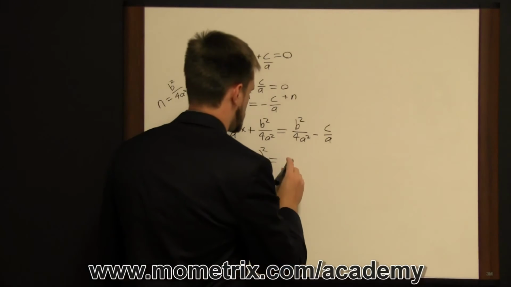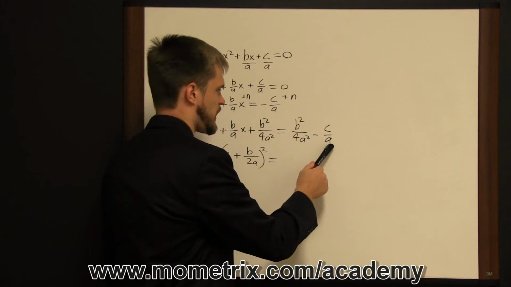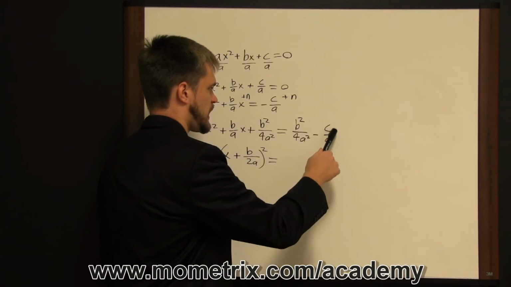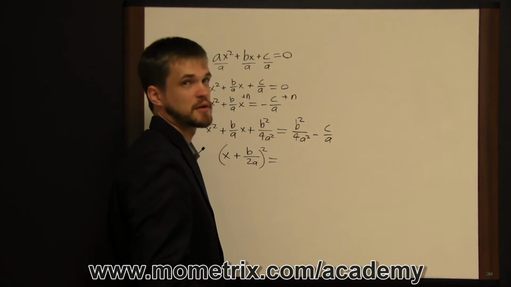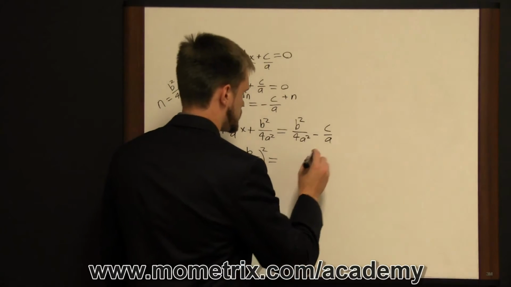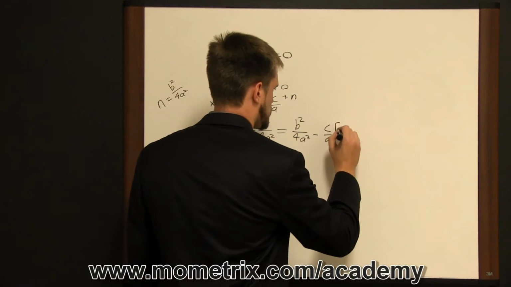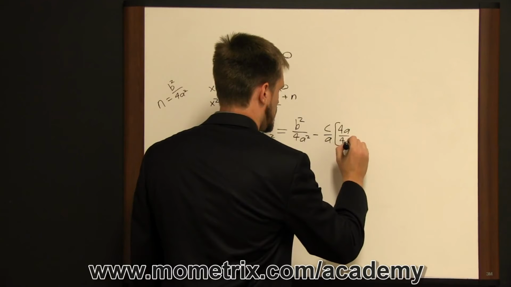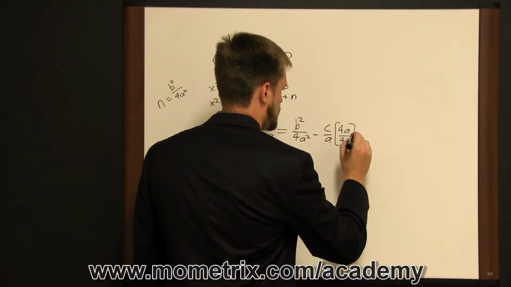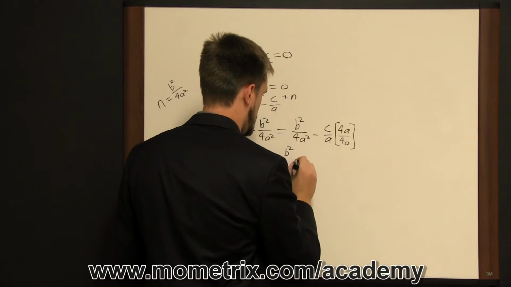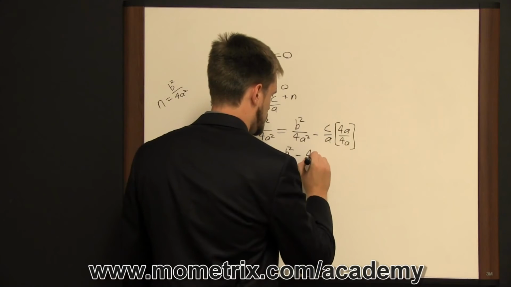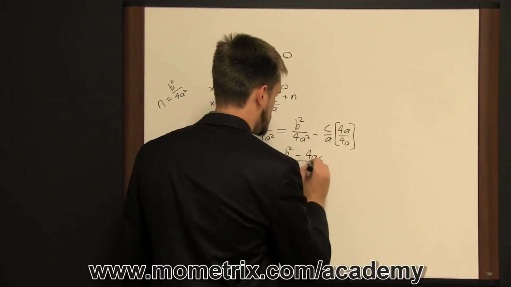And this side of the equation, we can combine these two fractions if we multiply this fraction top and bottom by 4a so that they have a common denominator of 4a squared. So we'll go ahead and multiply by 4a over 4a, and that gives us b squared minus 4a times c divided by 4a squared.